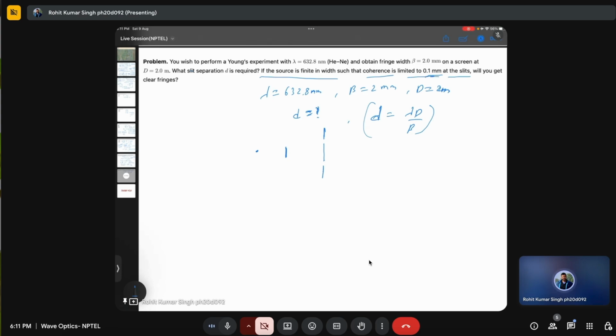Now the coherence, this is basically the coherence length given to you, 0.1 millimeter. And it asks, will you get clear fringes? So how do you calculate this?